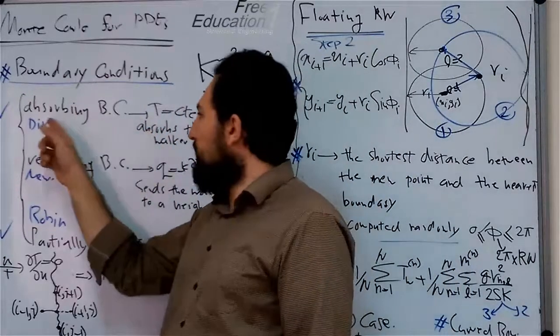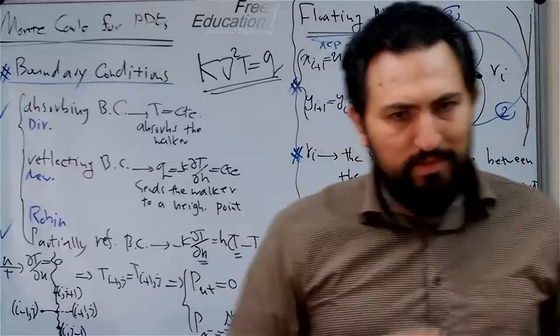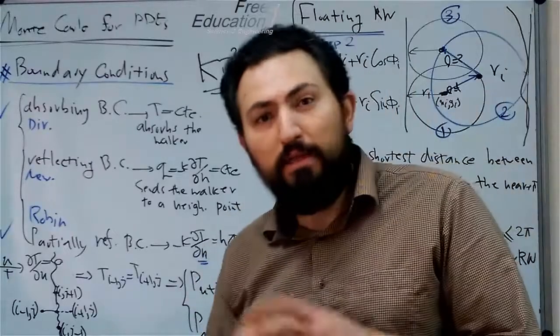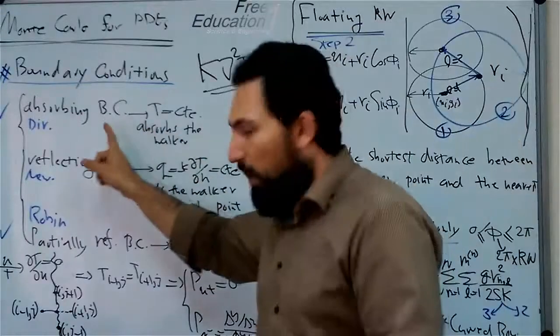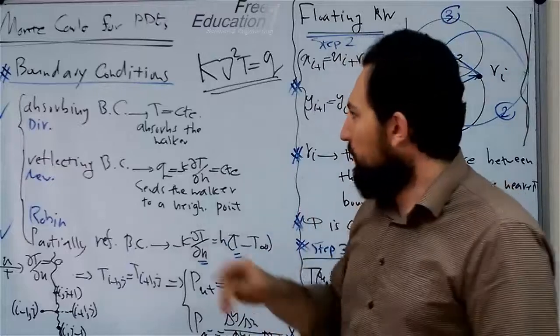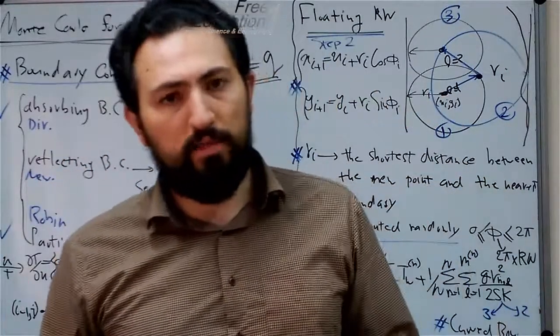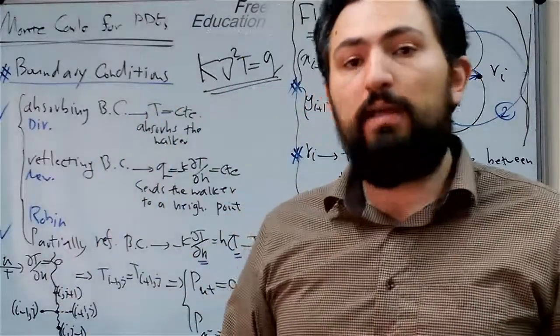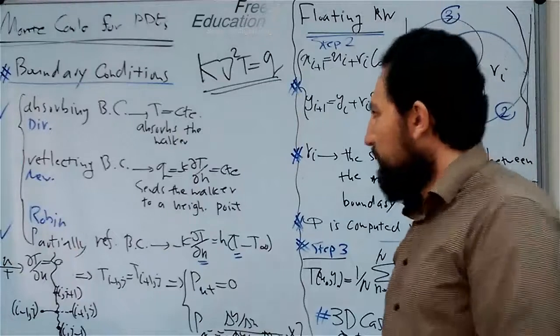The title shows that the random walker, which strikes the first type boundary, is absorbed by the boundary. So we call it the absorbing boundary condition, and the random walk process will terminate when the random walker strikes this type of boundary.